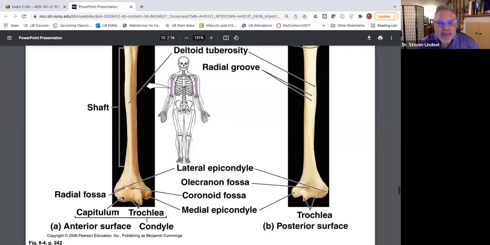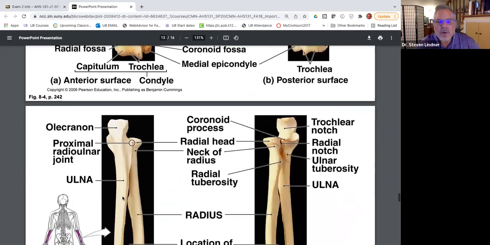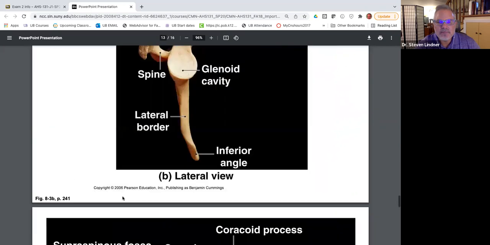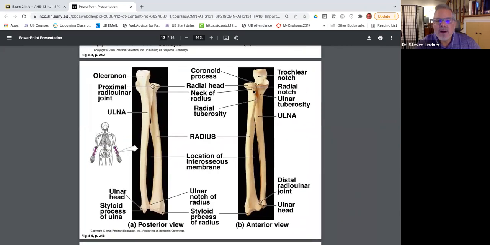To understand that, I'm just going to skip ahead to right here, where we're looking at the radius and ulnar bone, which is the forearm. Okay, so if we look on the right-hand side, the anterior view, the proximal part of the radius is called the head of the radius. And then we have a proximal part of the ulna called the coronoid process.